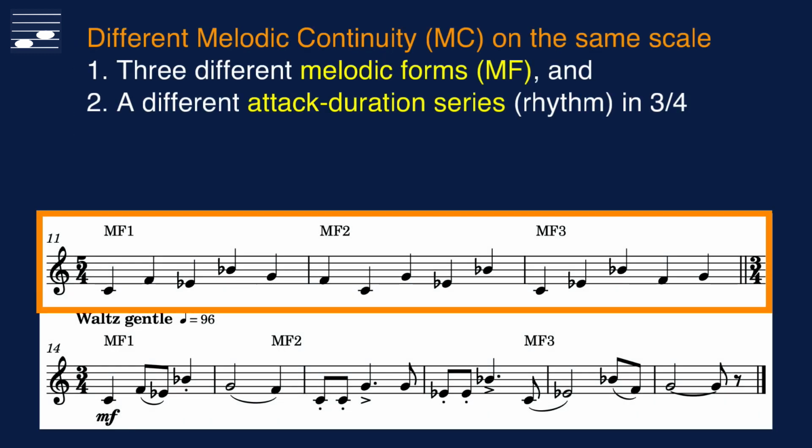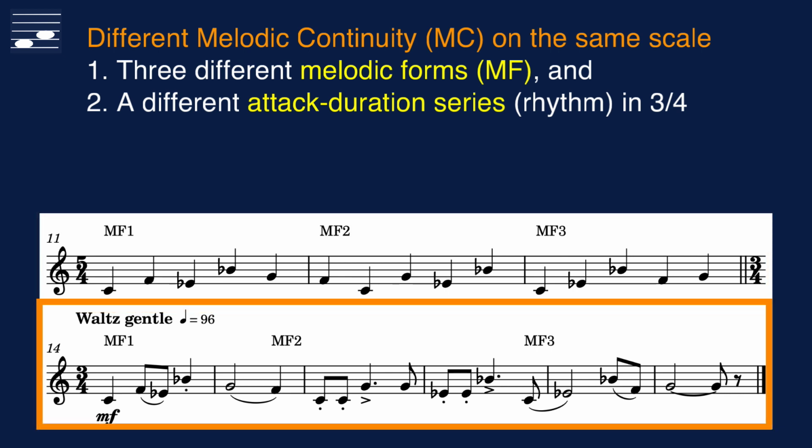In the next example we use the same scale but modify the 3 melodic forms and continuity. Overlaying an attack duration series, we obtain a gentle waltz played here by English horn.